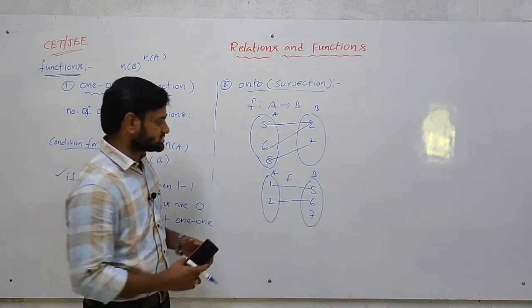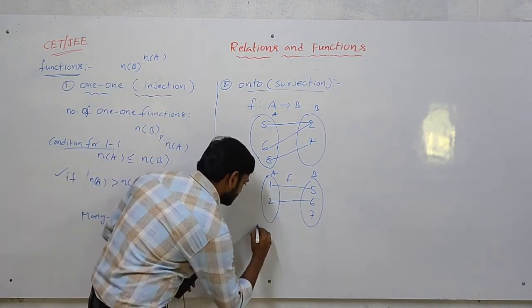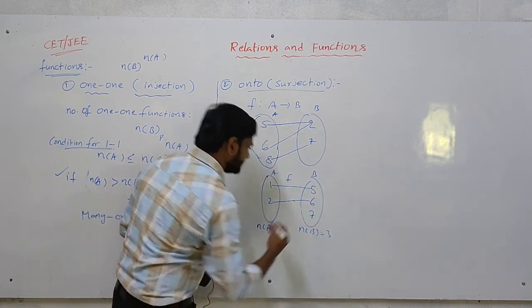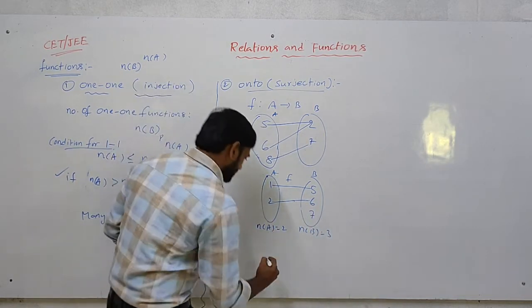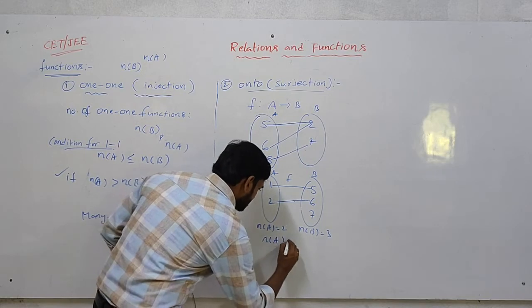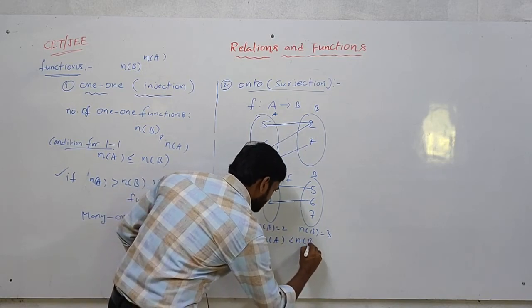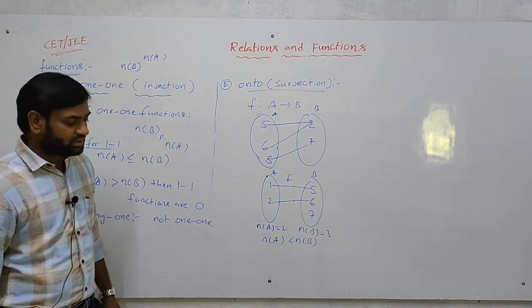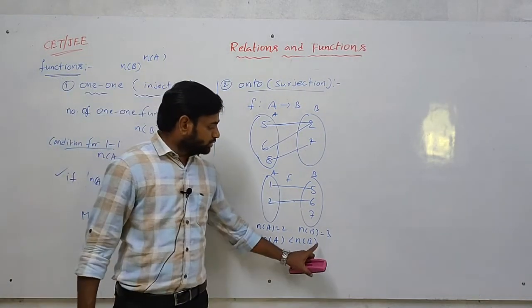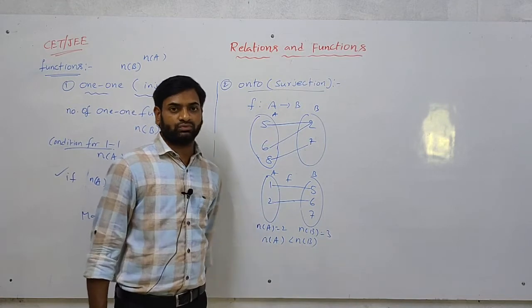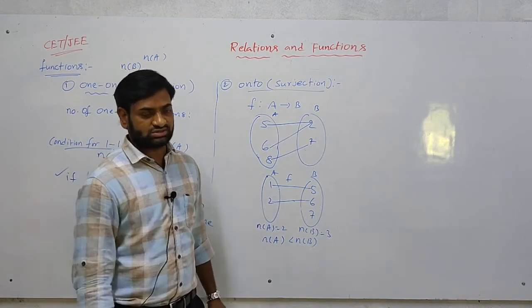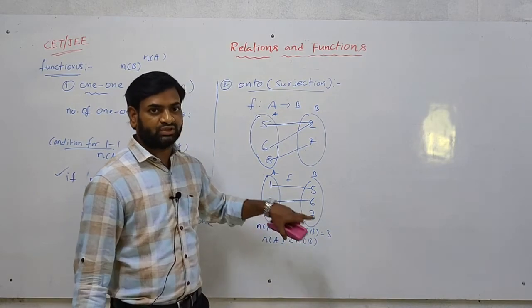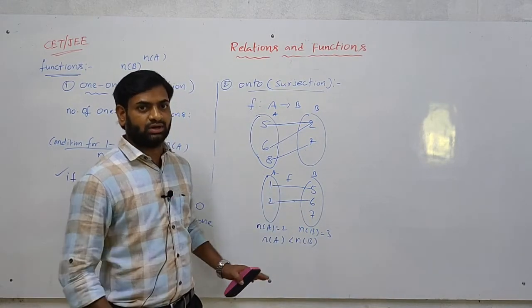In this case, n of A is 2 and n of B is 3. When n of A is less than n of B, then the number of onto functions is 0. We can't form onto functions. When the number of elements in A is less than n of B, onto functions are not possible.